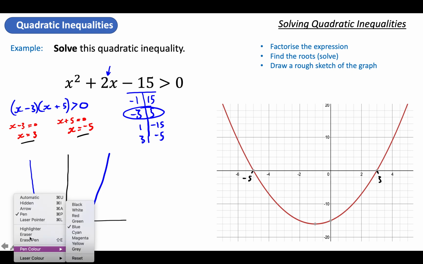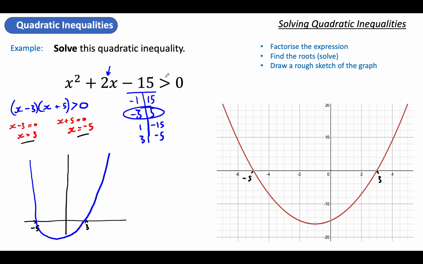Now, go back to the start of this. Our inequality says that the left-hand side is bigger than 0. So we're after all the bits on the y-axis where it's above 0. Well, that's all of this bit here, isn't it? Going up there. So the bits of graph that we're after are the bits that are above the x-axis.